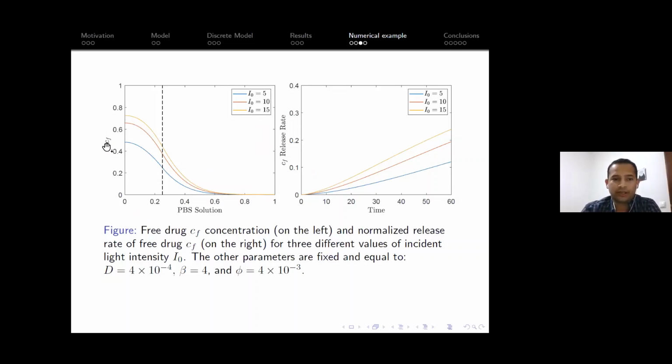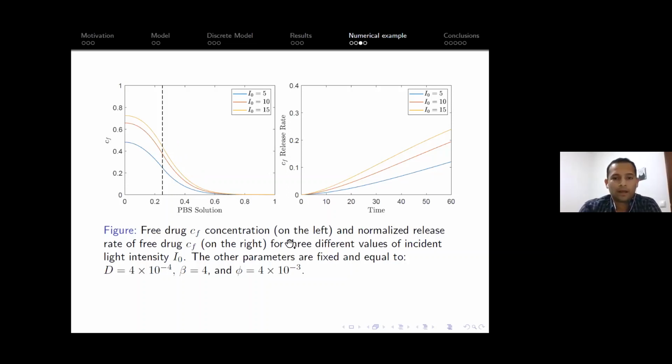We are seeing here on the left the free drug concentration against the domain for different values of the parameter I sub 0, which is the intensity of the source. As we can expect from the physics of the experiment, the higher the intensity of the source is, the higher the free drug concentration we are going to have.